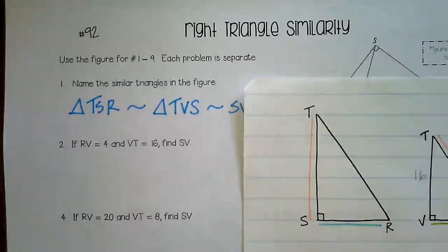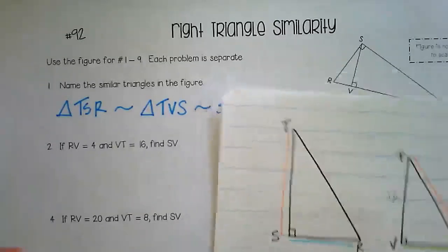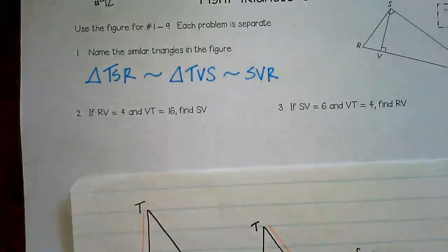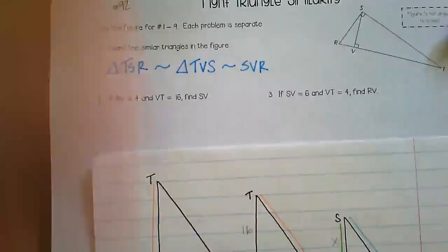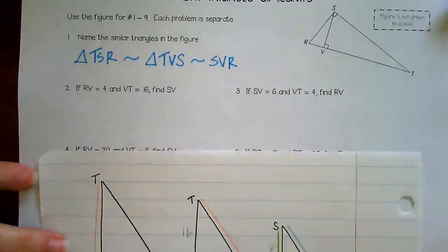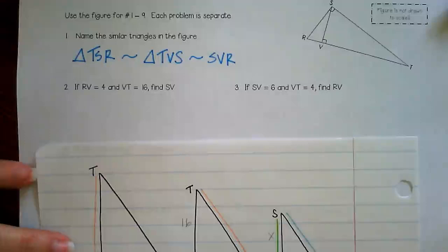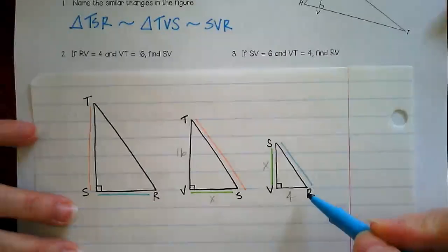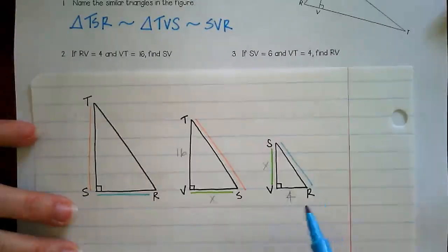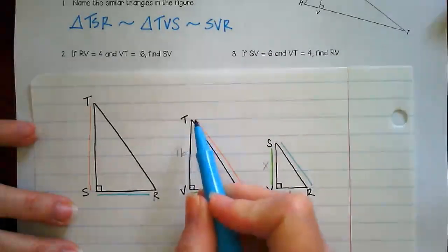All right, so I'm going to go over here. Just to kind of start us off, I'm just going to write what's happening here with the sides. So RV and VS match up with SV and VT.